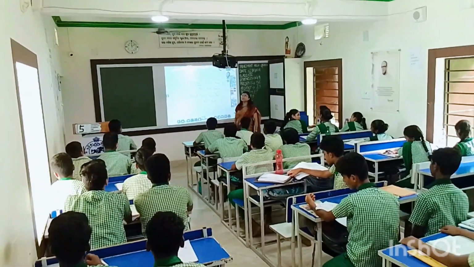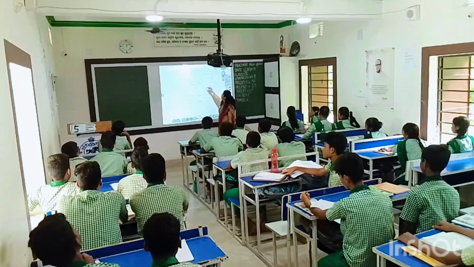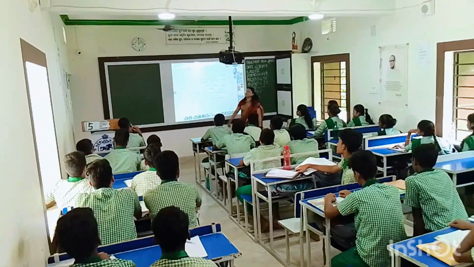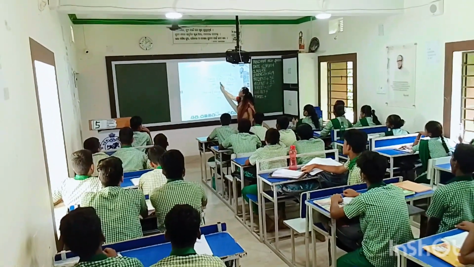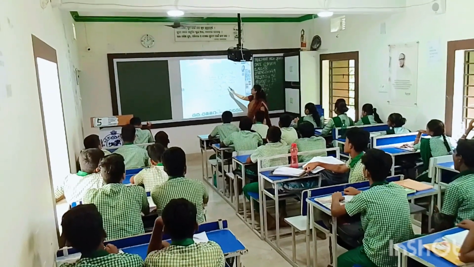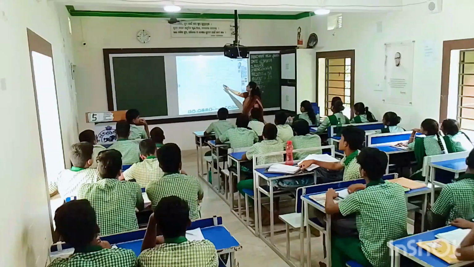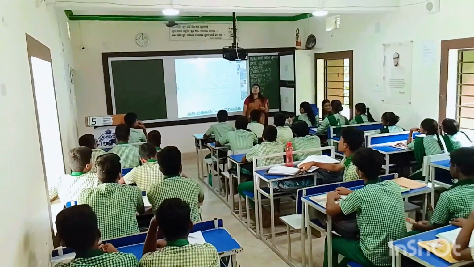For that reason, here the verb is singular as for the real subject, and here the verb is plural as for the real subject pens. Pen is singular, for that reason is has been used, and here pens is the plural real subject. For that reason we have used are.